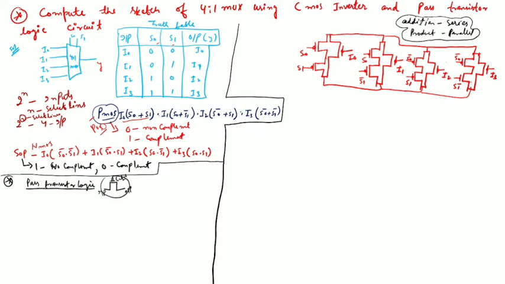Firstly we draw the sketch from the inner bracket components. So S0 component, this is NMOS, no bubble here, and the S0 component is parallelly connected with S1.